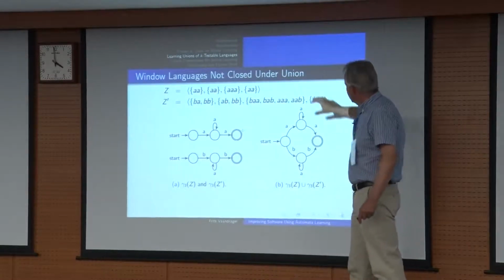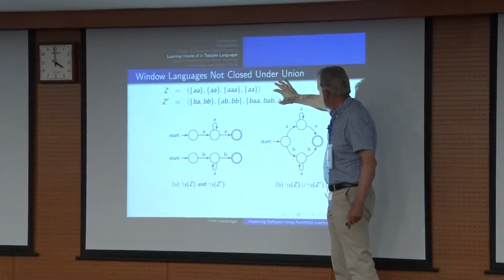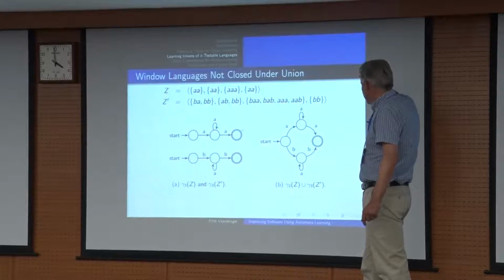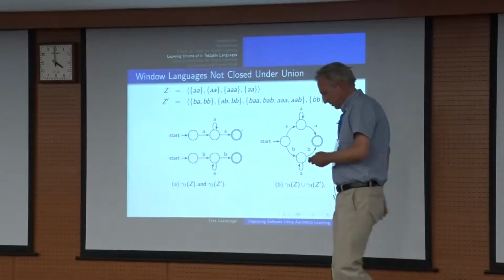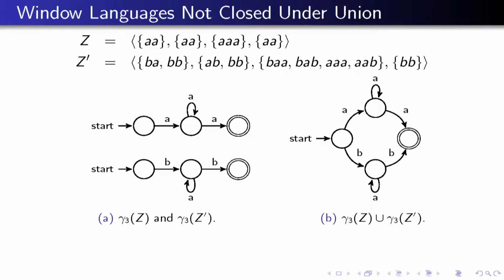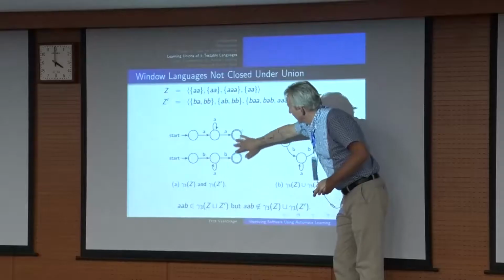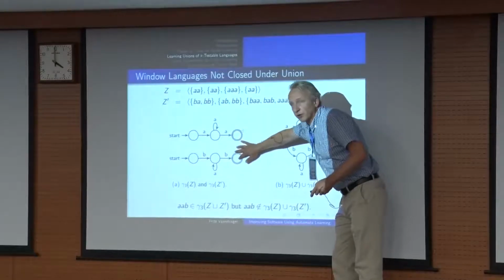Now, if we take the union of these two test vectors, you would expect that you get the union of these two regular languages.